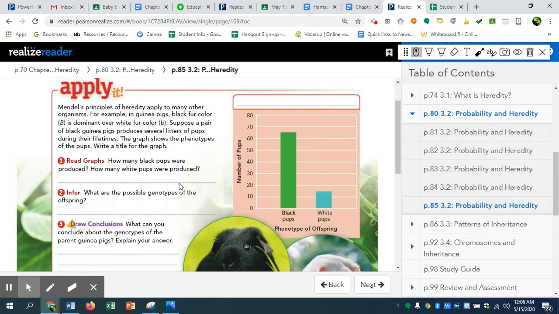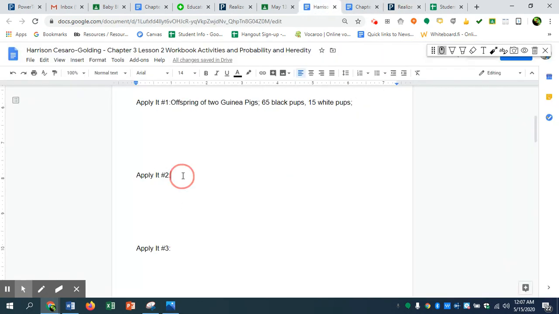So now we're going to go to apply it 2. What are the possible genotypes of the offspring? So if it's a black pup, the pups could be black but could be carriers for the white trait, or they could be totally homozygous for black.